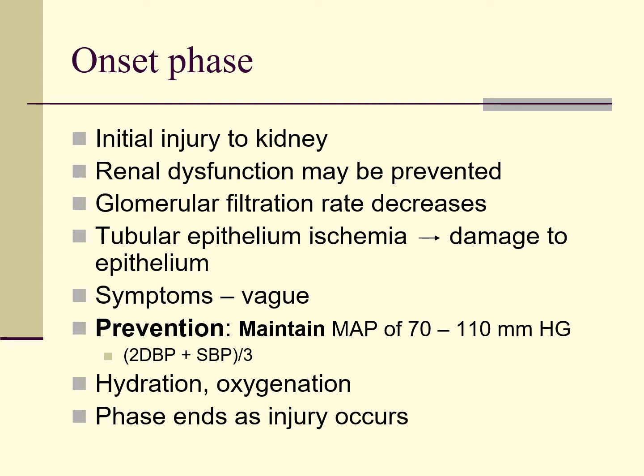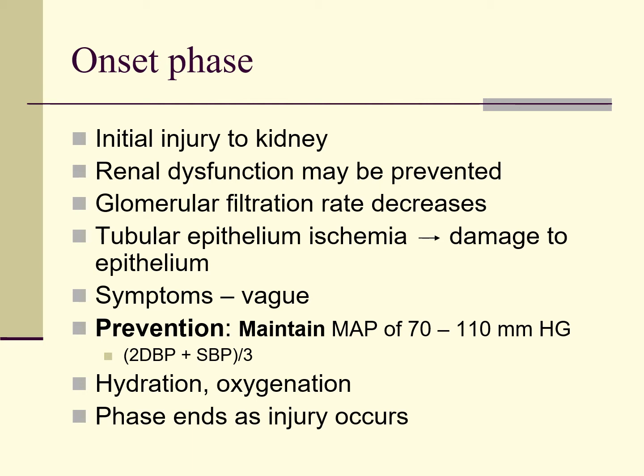The symptoms are typically vague, so what we try to do is watch that mean arterial pressure. You'll see those on the vital sign instruments that you roll into the room, and you get a blood pressure and everything, and all of a sudden it'll show MAP. So MAP is the mean arterial pressure.